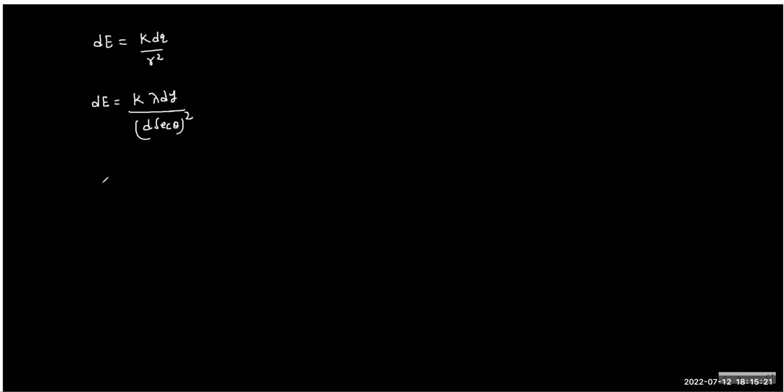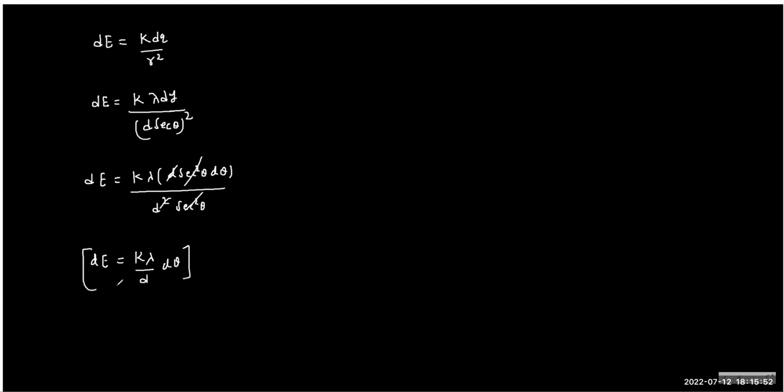Having done this, you can go further and simply substitute the values. dy was d sec square theta into d theta, whole upon d square sec square theta, and you can see the entire term gets cancelled. So we have a really simple answer for dE, which is k lambda upon d into d theta.